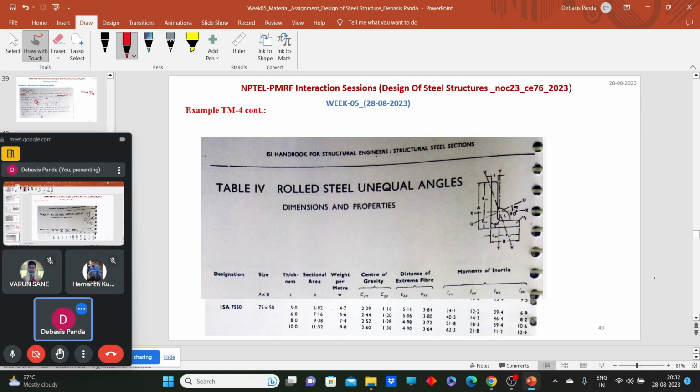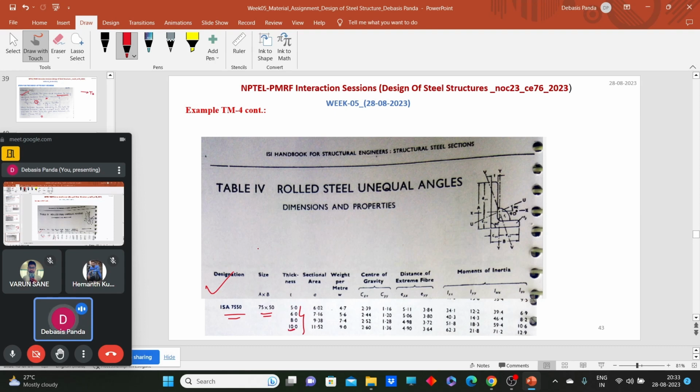Here is the screenshot of SP6. You can see here ISA 75 into 50 into some thickness. So I have selected 75 into 50 into something; you can also select 100 into 75 into something. Look at this: if I select this section, which thickness will match my value of 880 or more?